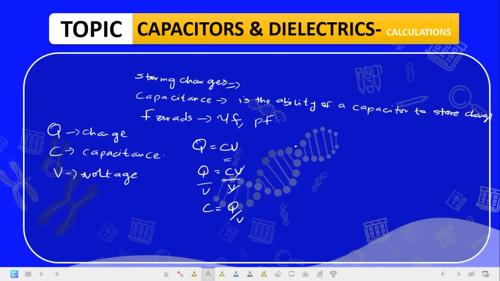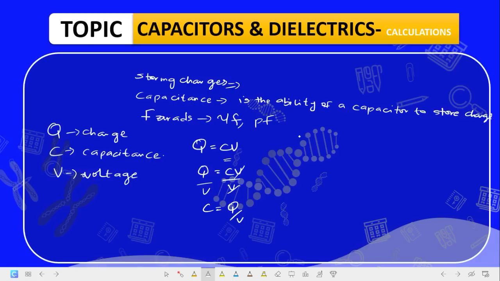Now remember that the capacitance we are talking about is the one of vacuum or air. If the material has a dielectric, that is to say a dielectric is placed in between the plates, the dielectric is like an insulator.